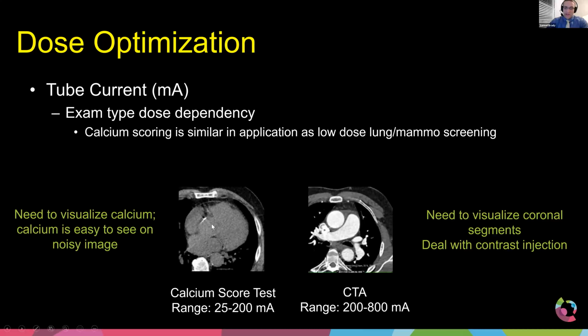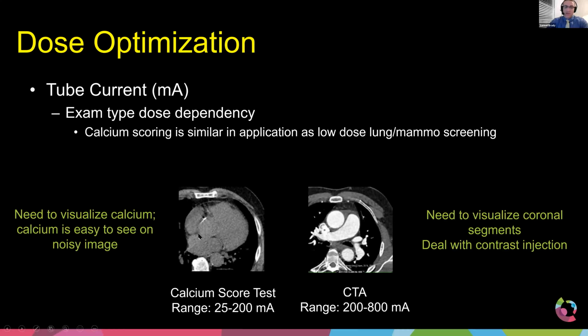As we mentioned, if you're doing calcium scoring, these types of images have become the new type of routine clinical image, much like lung imaging and mammo screening. More and more centers, more and more hospitals are doing routine calcium scoring tests.